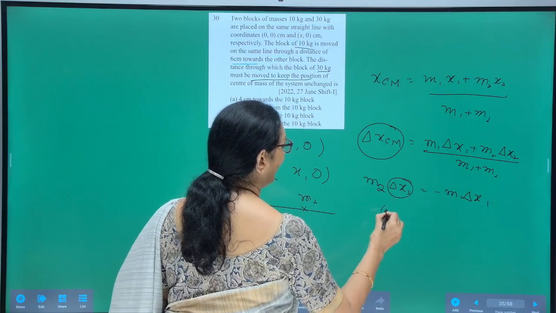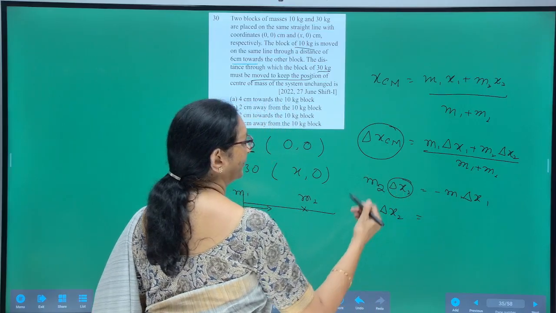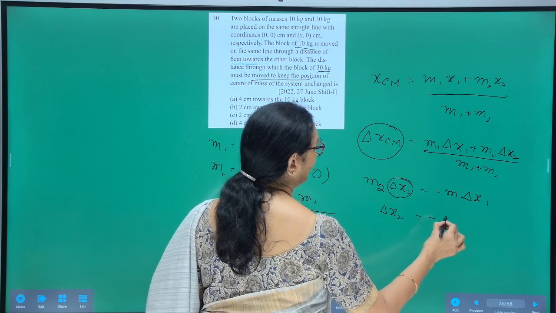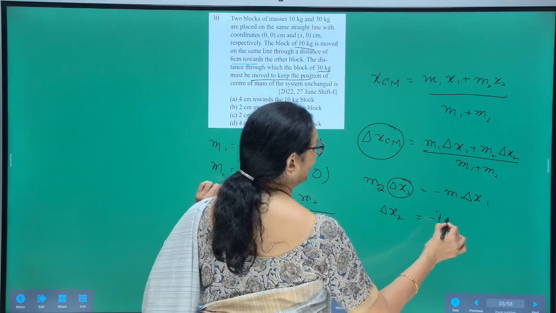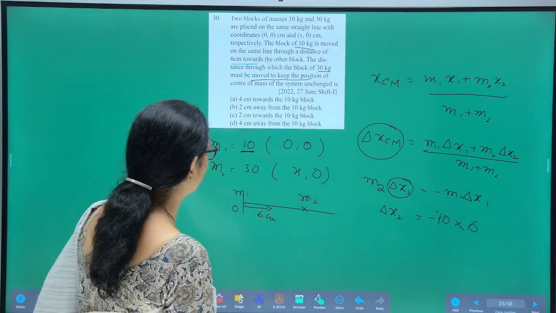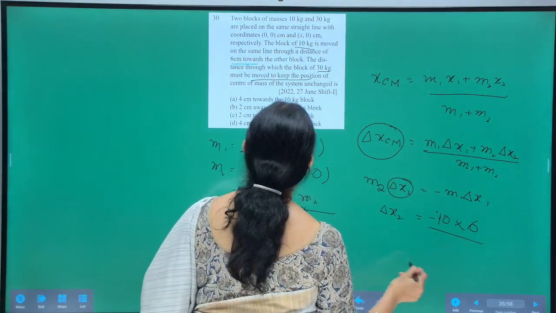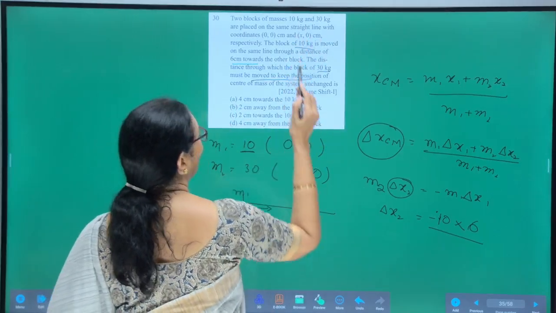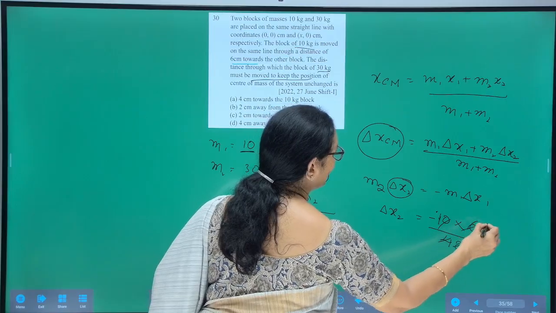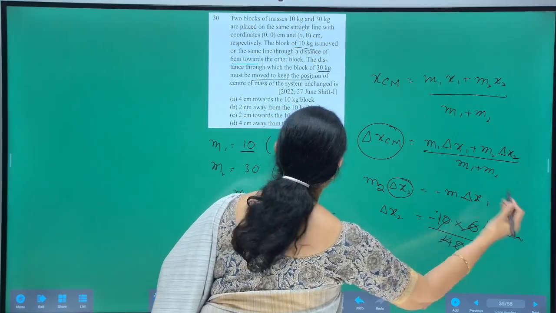So, delta x2, the shift in the location of the second object, must be minus m1, which is 10, moved through a distance 6 centimeters towards this, divided by m1 plus m2, 10 plus 30, it is 40. So, this is 1.5 centimeters.